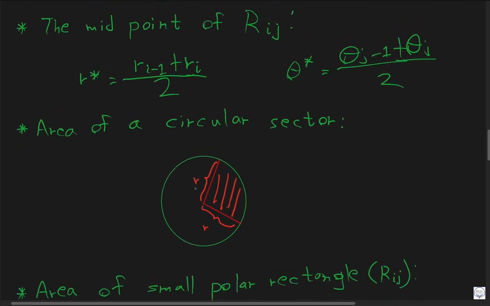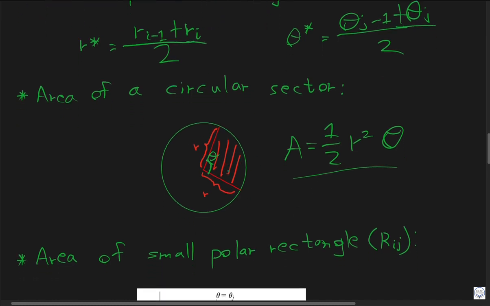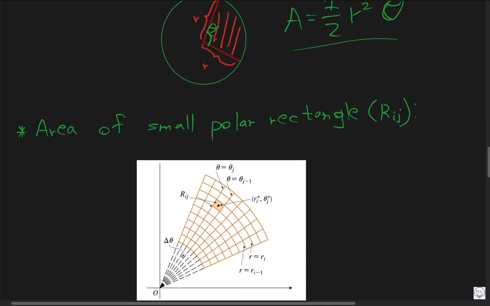So we also know that the area of a circular sector is just half r squared theta, where r is the radius of the sector and theta is the angle subtended between the two lines. This is the area of this particular red region. So using this, we can also find the area of the small polar rectangular region. How?